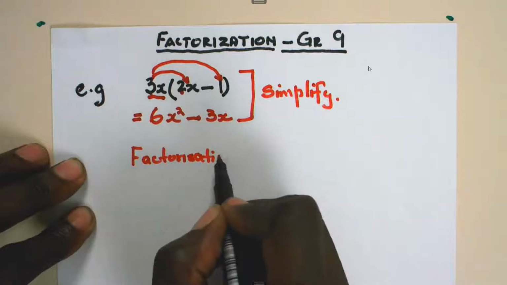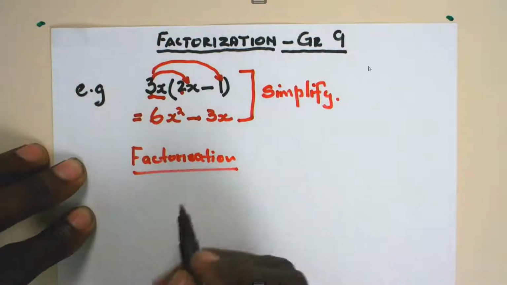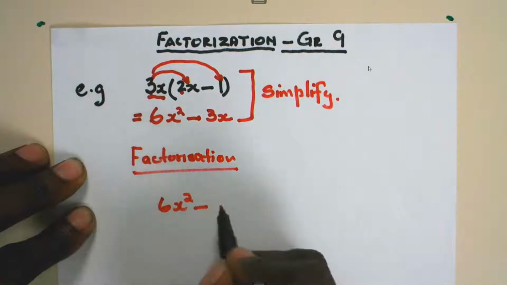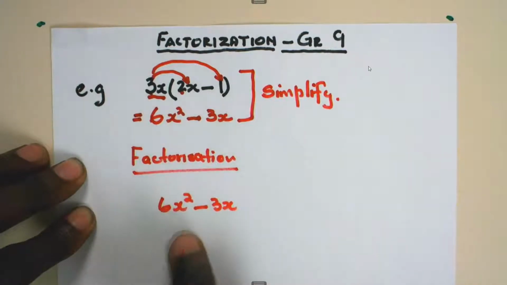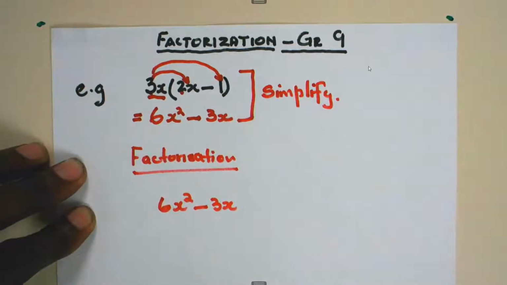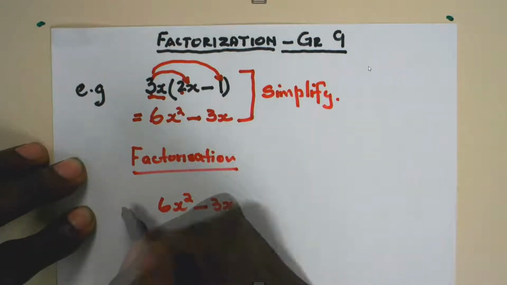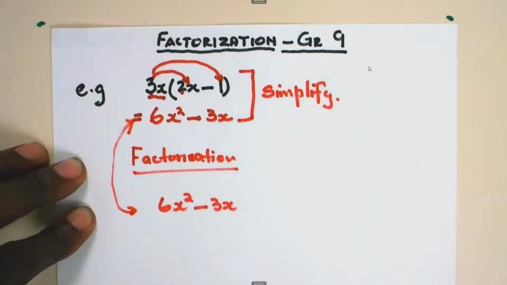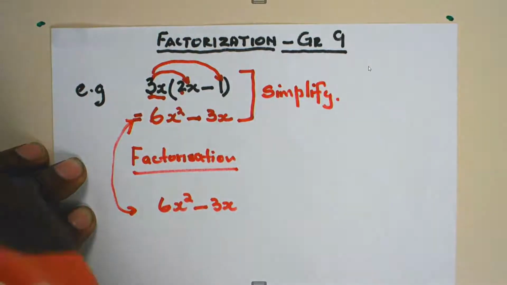Which is the answer? It is 6x squared minus 3x. We start with this expression when we factorize, because it is the answer we got when we were simplifying.